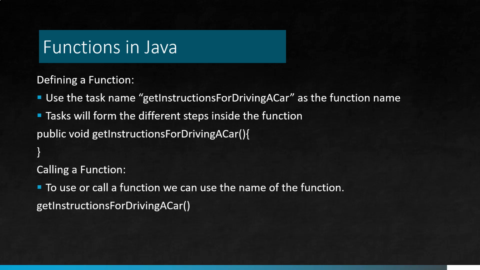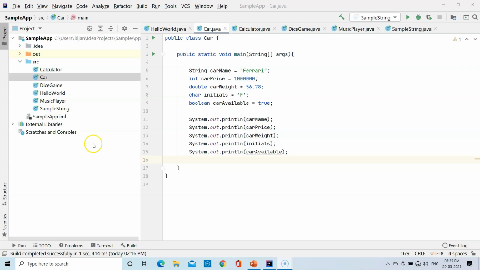Let's now see with the help of a real example where we'll create a class, create a function to get instructions for driving a car, and then use this reusable function somewhere else in our code. Let's use this car class which we created earlier in some of our sessions.